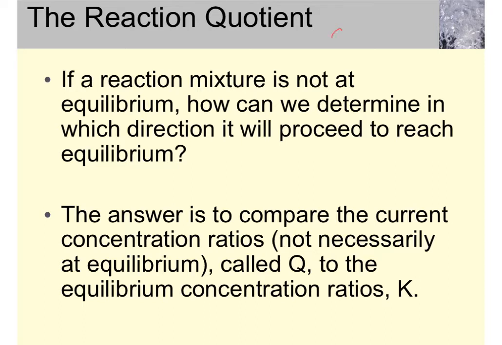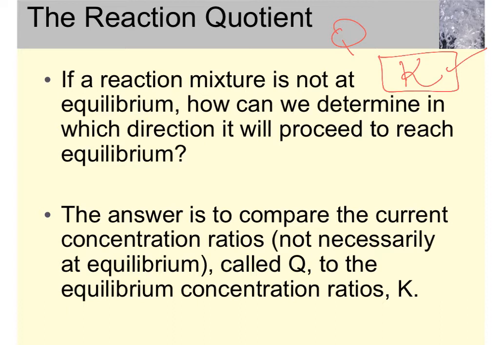Reaction quotient Q. One way to determine whether or not you're actually at equilibrium is if the equilibrium constant has already previously been measured by somebody, and so you know what that value is.